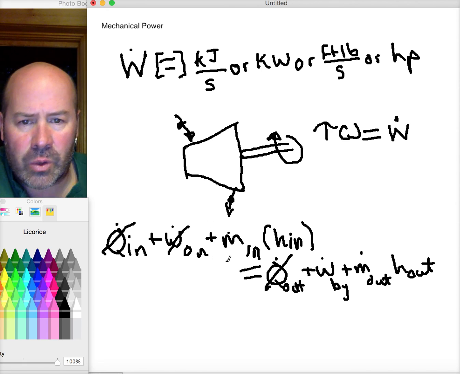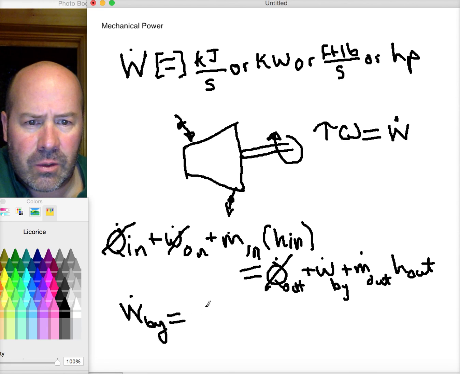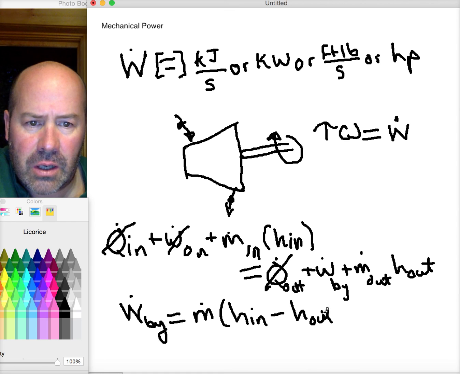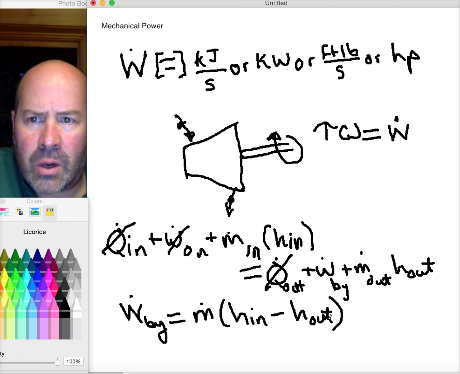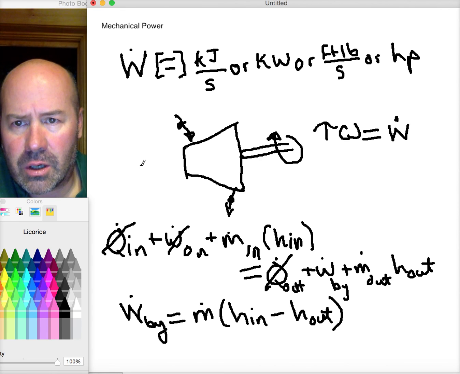And so this equation very quickly reduces to W dot by, I'm rearranging, equals M dot times H in minus H out. Now, why was I able to not call them M dot in and M dot out? Well, that's the definition of steady state.